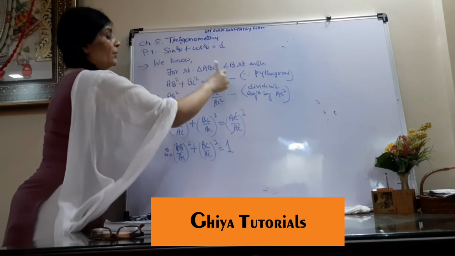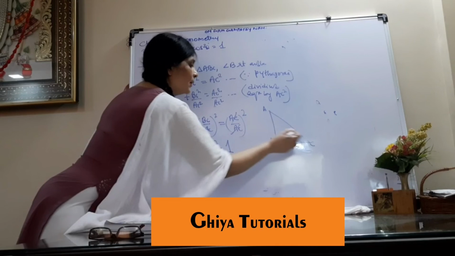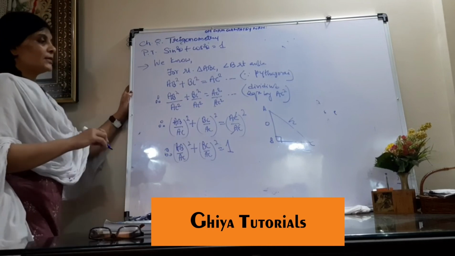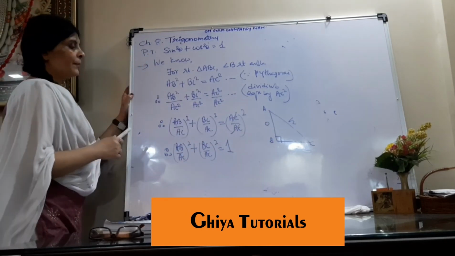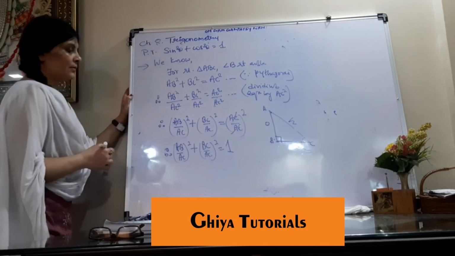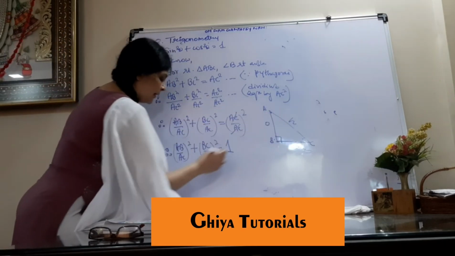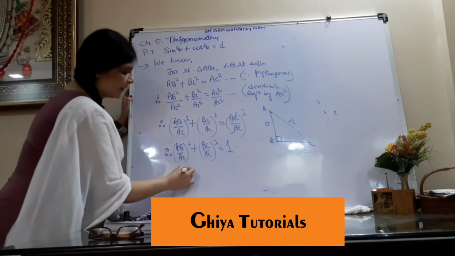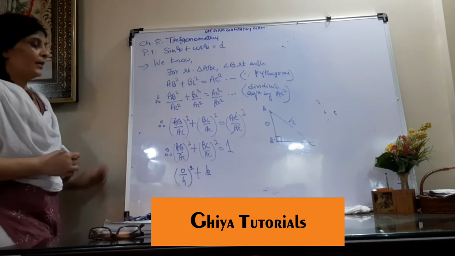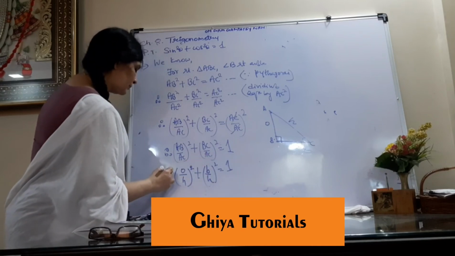Now, for right triangle ABC, angle B right angle, as we have studied H, O and B, opposite side, base and hypotenuse. With respect to this angle C, AB is the opposite side, BC the base and AC the hypotenuse. So instead of AB, can I write O? And instead of AC, I can write hypotenuse. So O upon H whole square plus BC is nothing but base, so B upon H, that is hypotenuse, equals 1.